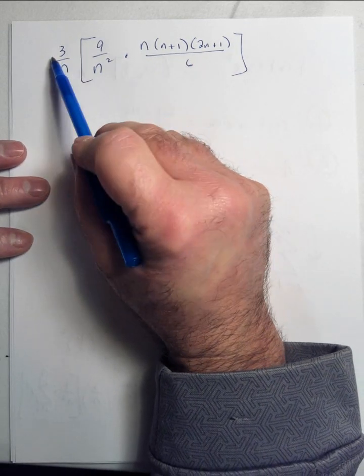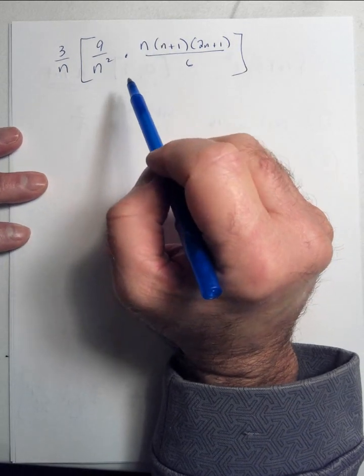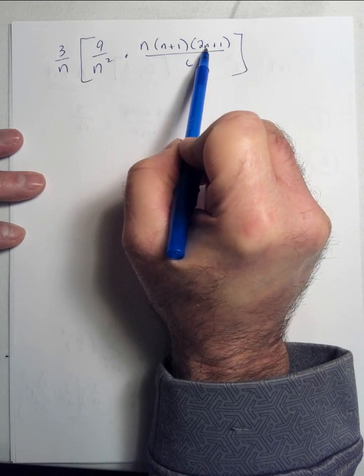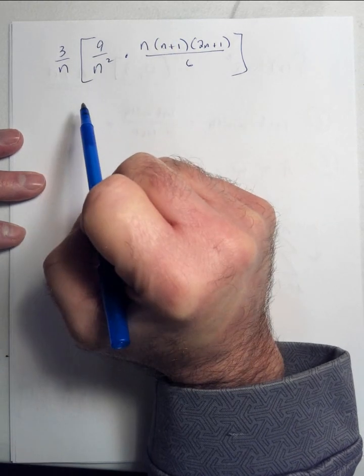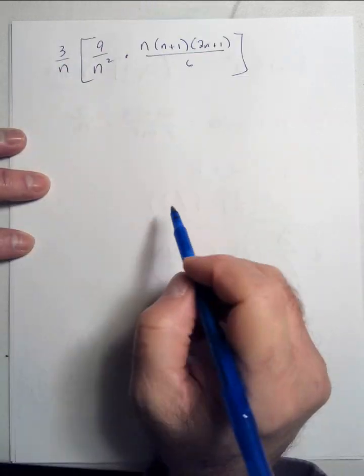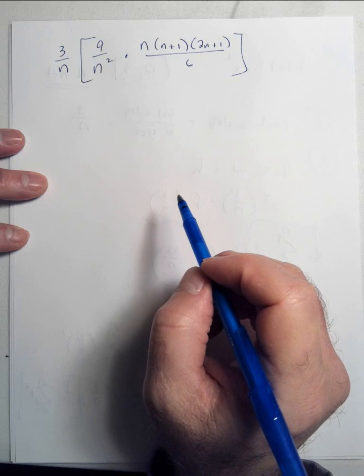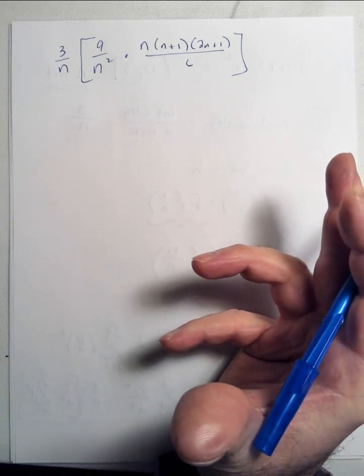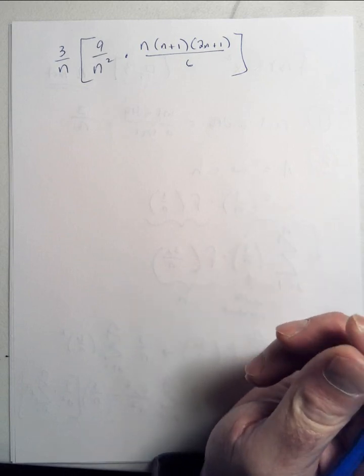So if you're looking at this particular expression right now, what we see is an n cubed on top and an n cubed on bottom. Remember what we want to do, right? We want to find the limit with letting n go to infinity because we want an infinite number of rectangles.